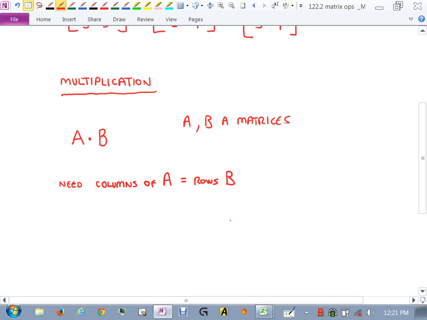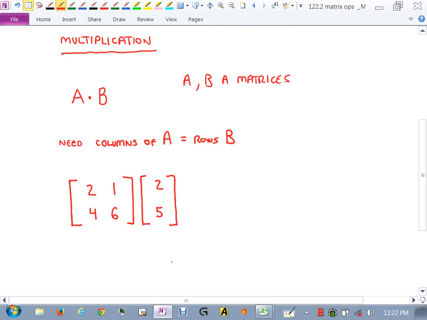So let me give you an example. Let's take 2, 1, 4, 6, and multiply it times 2, 5. Can I do this? What's rows, columns here?